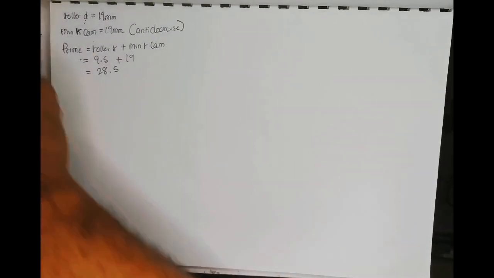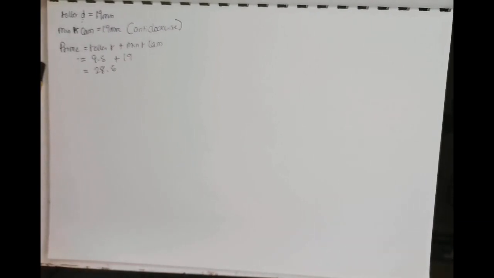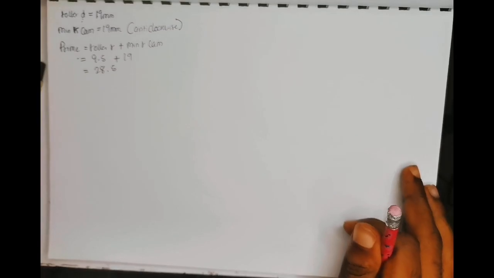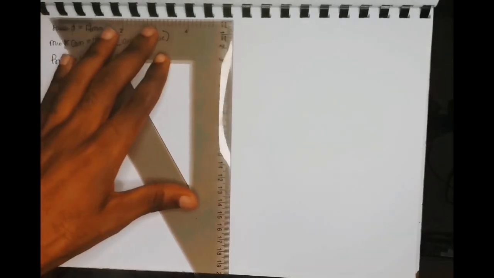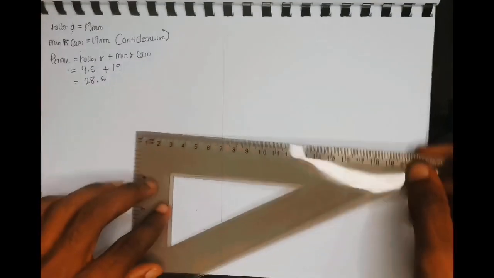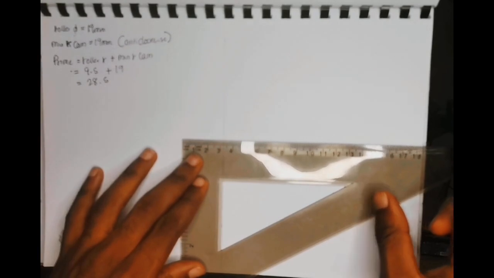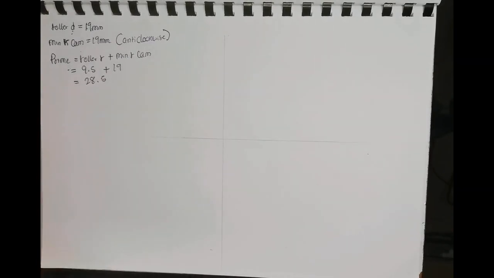Alright, first off, we draw two perpendicular lines, X and Y. Now first we measure the prime circle, which has a radius of 28.5.